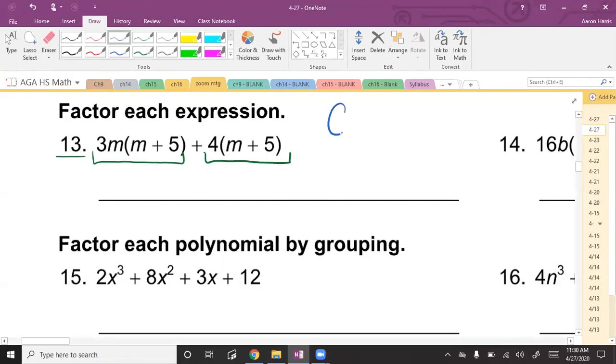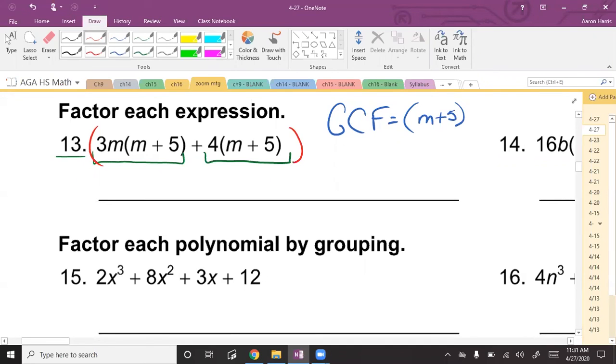So my GCF in this problem is going to be what, Jonathan? It would be that n plus 5, correct? Now, I told you to put parentheses around the whole equation, correct?